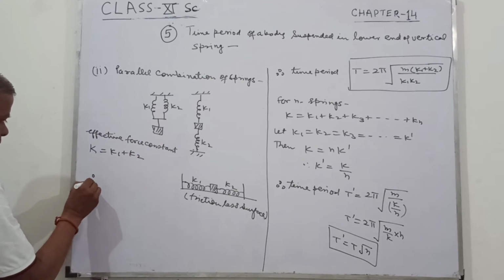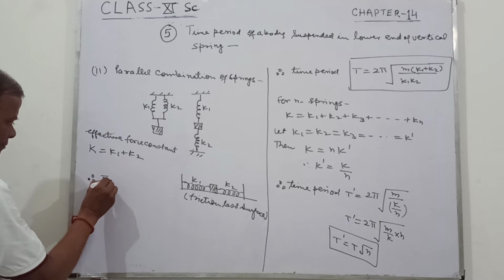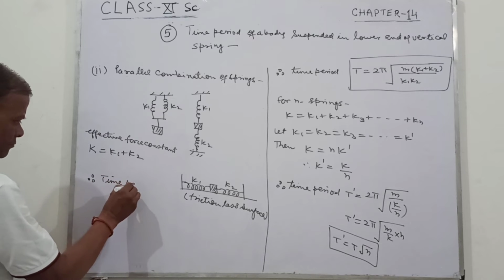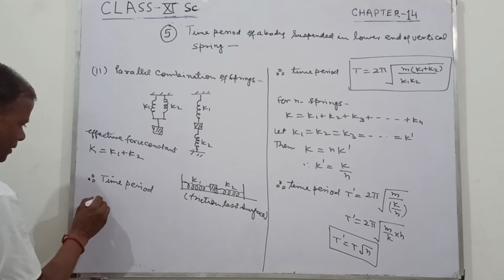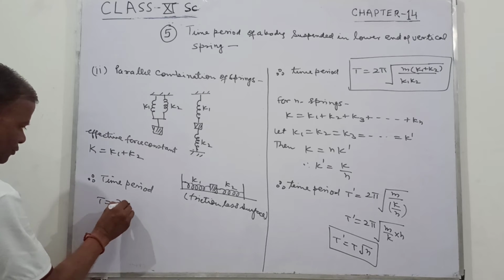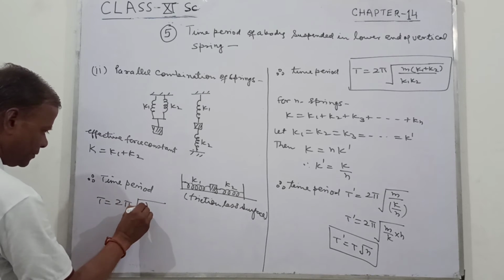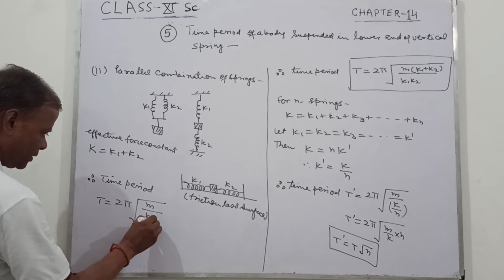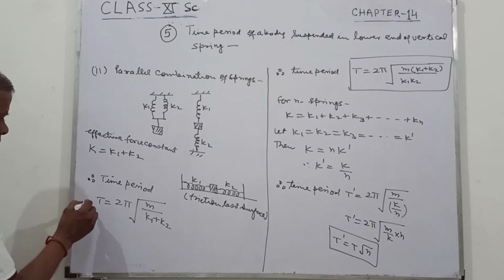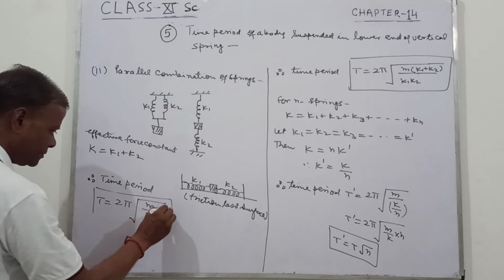And therefore the time period T equal to 2 pi square root of m upon K1 plus K2. This is like this.